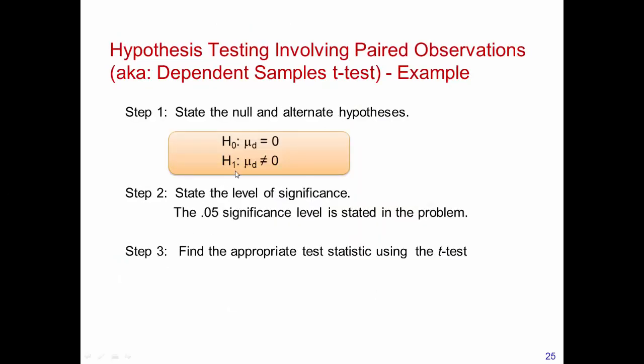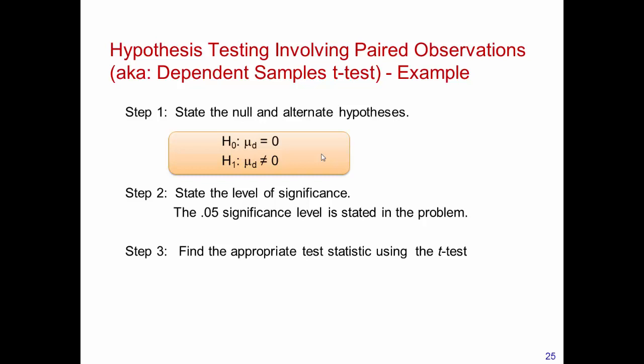Another way to look at the null hypothesis is in words, and that is to say that the population mean of the sample differences is equal to 0. This is a little different from what we're used to seeing. The question is whether the sample differences in the appraised values could have come from a population with a mean of 0.